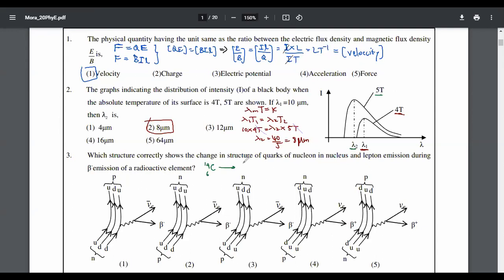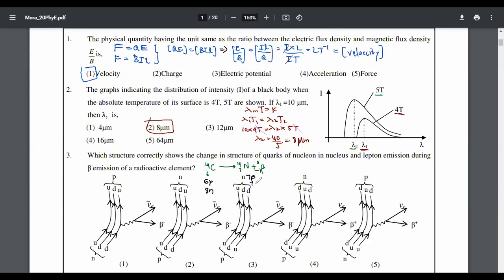From carbon-14, when beta minus is emitted, you will be getting a nitrogen nucleus. You know how this works, right? When you add the upper parts, they should be equal to this, and when you add the bottom ones, they should be equal to this. In carbon, you have 6 protons and 8 neutrons. In nitrogen, you have 7 protons and 7 neutrons.